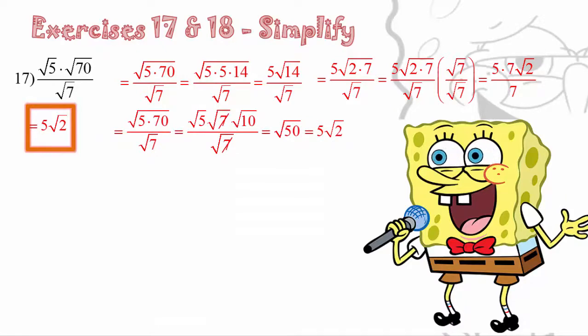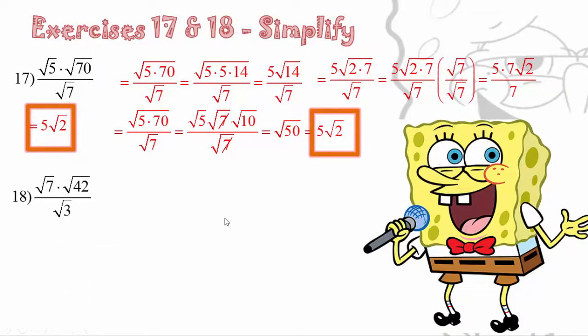Or we could have done it a different way and started canceling out right in the beginning, noticing that we had square root of 7 over square root of 7, and then ended up with square root of 50, and then simplified the radical in order to get the same answer.